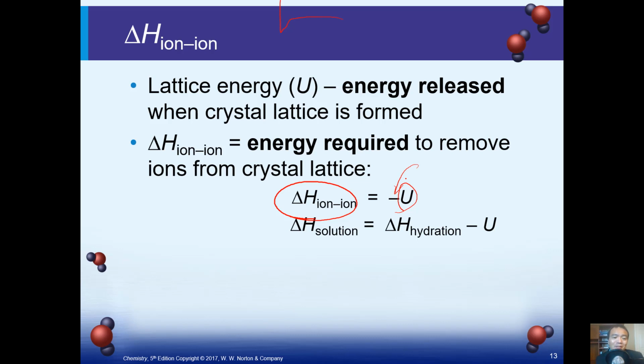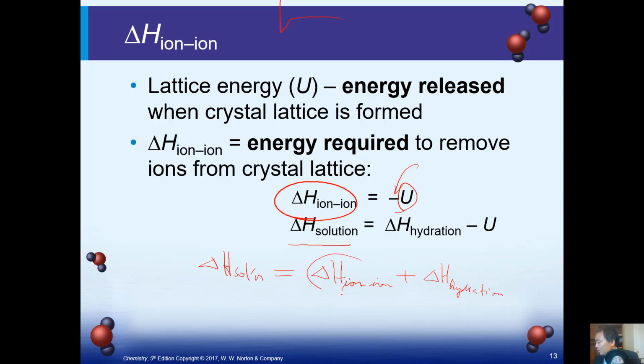So if you want to rewrite the whole delta H for the solution, so still remember, the delta H for the solution equals the delta H for the ion-ion plus delta H for hydration.